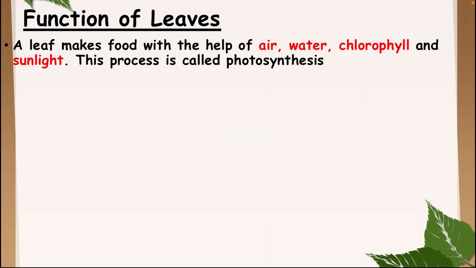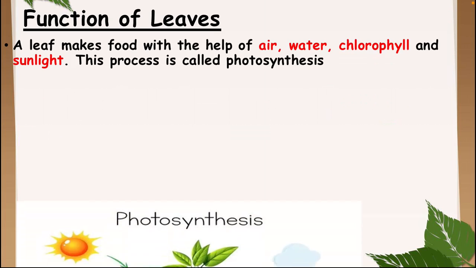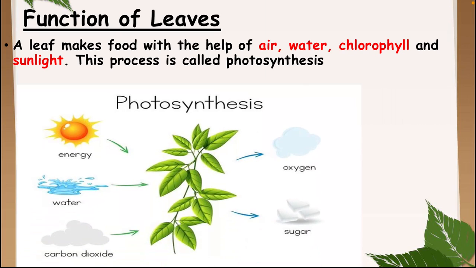This process is called photosynthesis. We have read about this process many times, and we know that when chlorophyll inside the leaf works with energy, water and carbon dioxide, it produces oxygen gas and sugar.